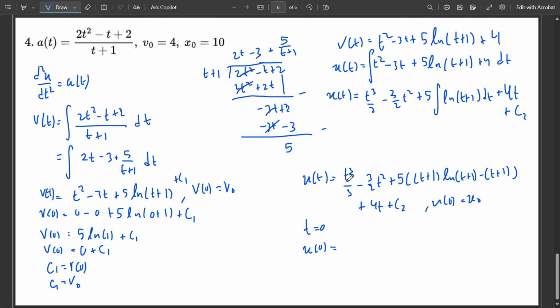This of course becomes 0, this becomes 0, and 5 times t plus 1 times ln of t plus 1: when t is 0, ln of 1 is 0, so this whole term becomes 0. And which leaves us with minus t plus 1, which becomes negative 5.